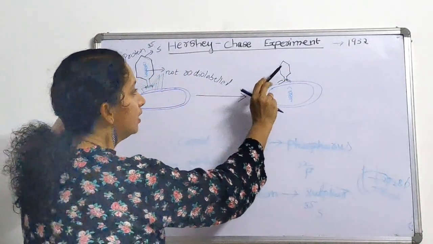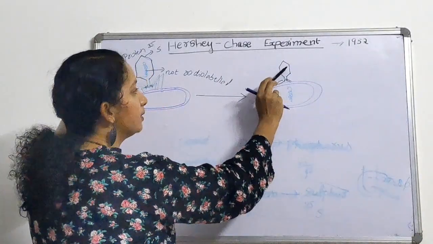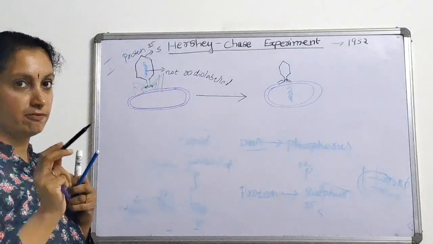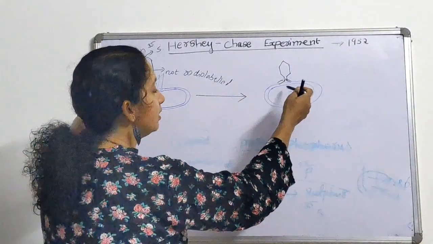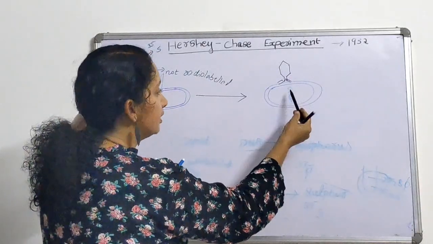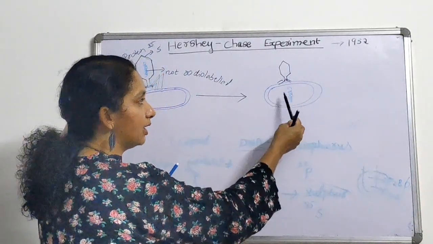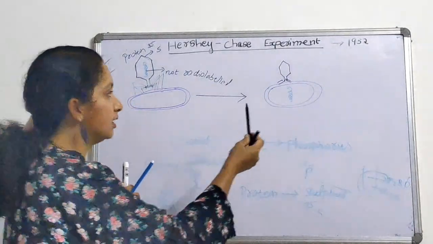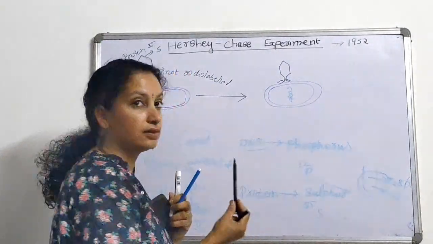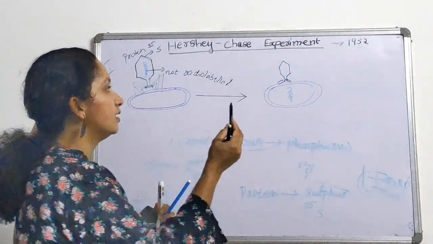So here you can see the genetic material is not present in the structure of this virus, which is staying outside the bacterium, but inside the bacterial body, in the cytoplasm, we can see the genetic material.